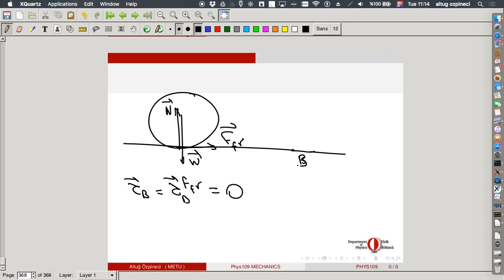I don't care. Our definition of the conservation of angular momentum is independent of whether we have angular acceleration or not. As long as there is no external torque, angular momentum will be conserved.